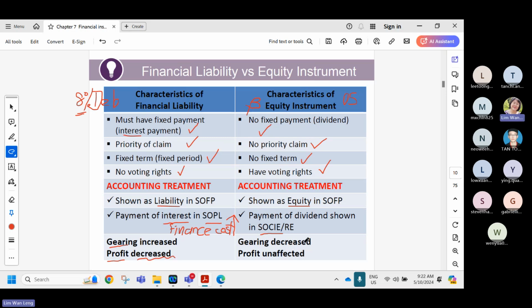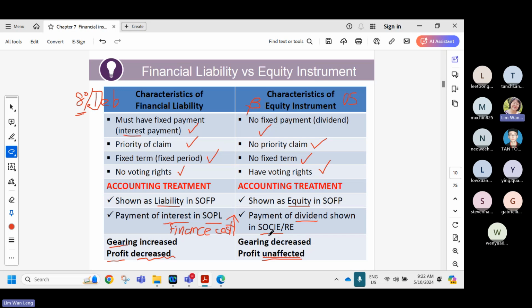However, in terms of the equity instrument, because this is internal financing, gearing will either not be affected or, compared to the issuance of debentures, the gearing here will decrease, and profit is not affected. Why not affected?